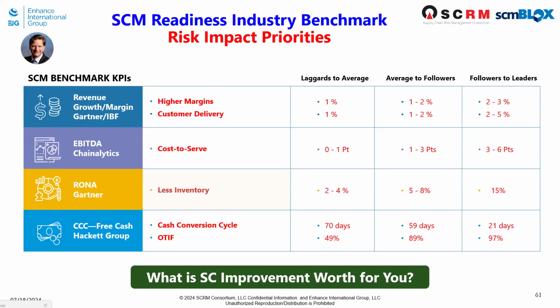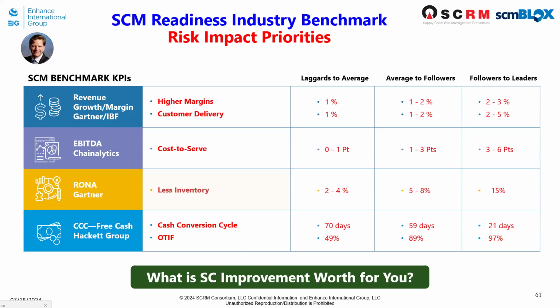We look at it from a revenue, top line margin perspective, looking at Gartner's benchmark metrics, some earnings before interest and taxes, depreciation and amortization, with Chainalytics on cost to serve is the metric we chose here, and return on net assets with Gartner. Of course, we want to have less inventory, and cash conversion cycle, and we have on time and in full, OTIF.